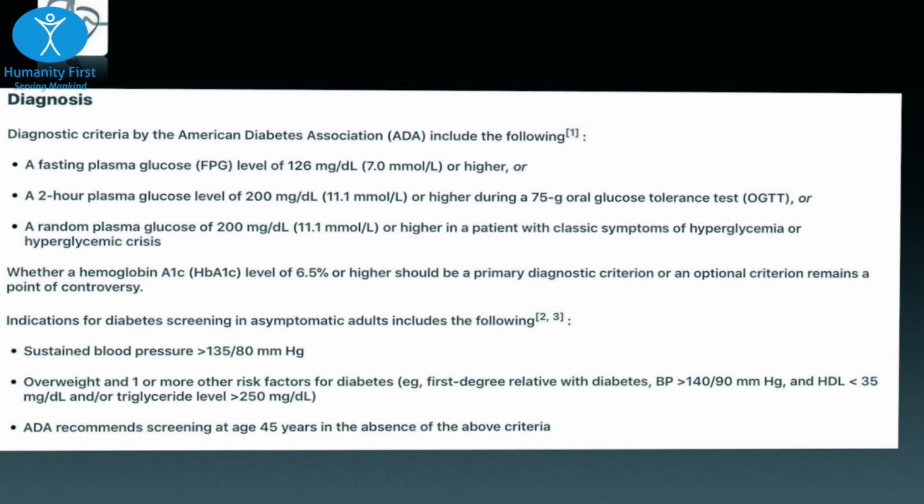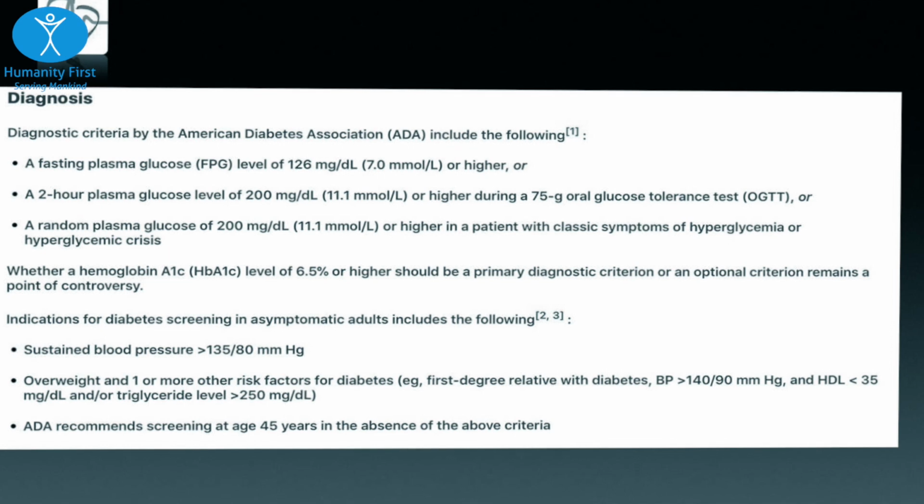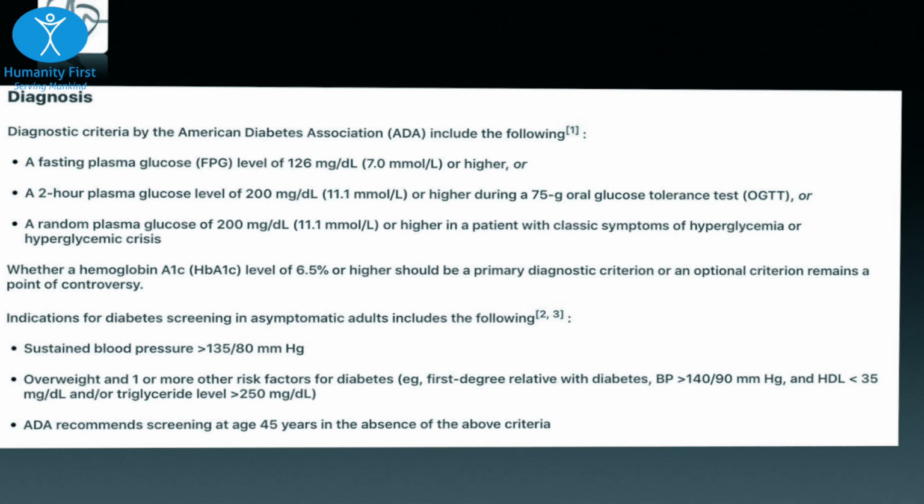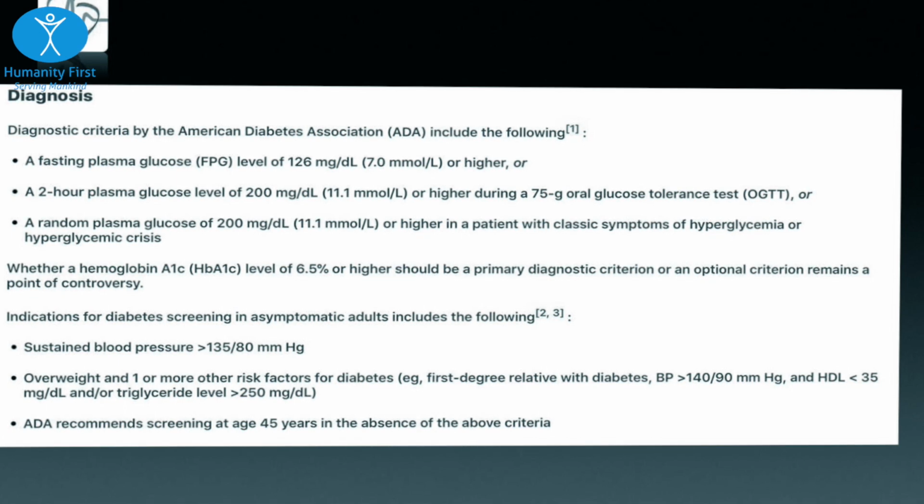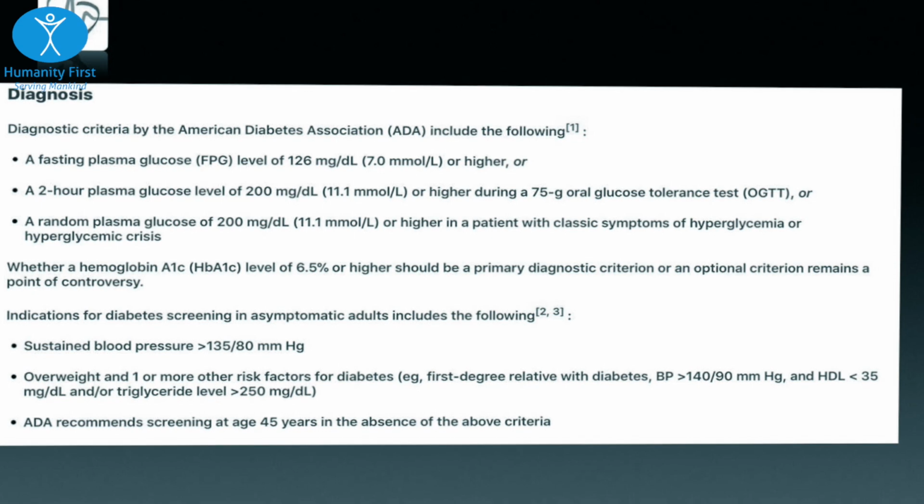Indications for diabetic screening in asymptomatic adults include the following: sustained blood pressure more than 135/80. Automatically, the American Diabetes Association says that we should do the diagnostic diabetic workup, as mentioned earlier.